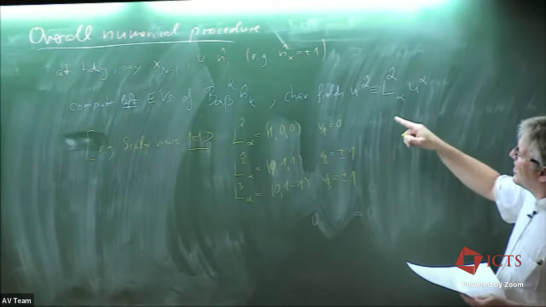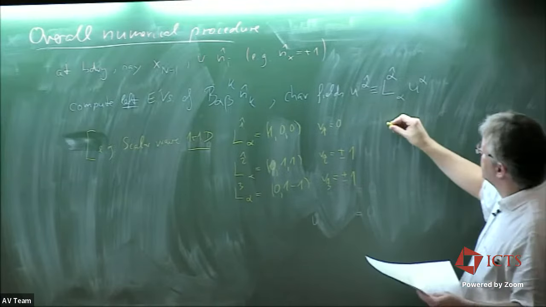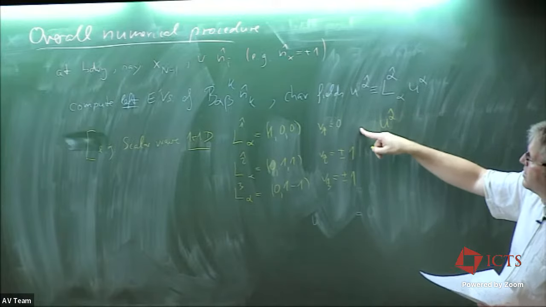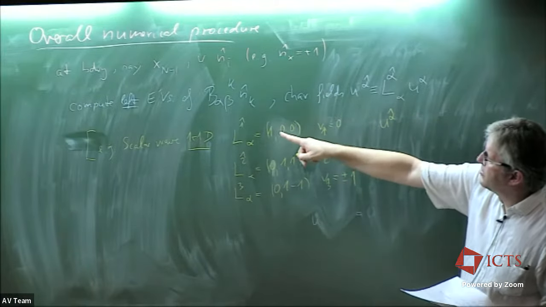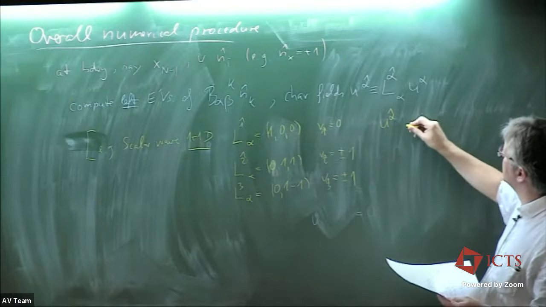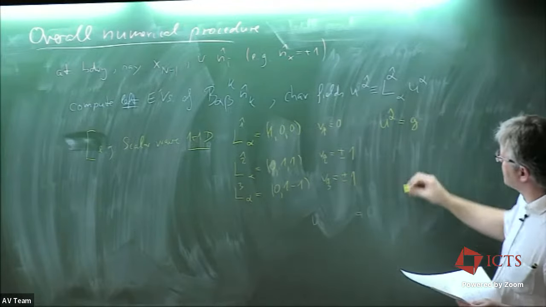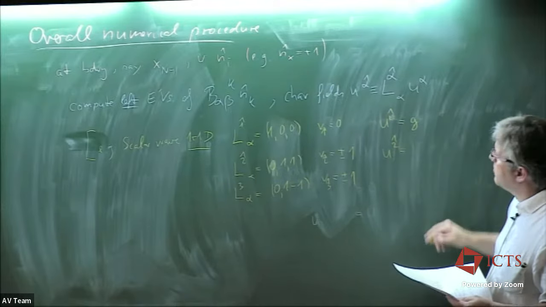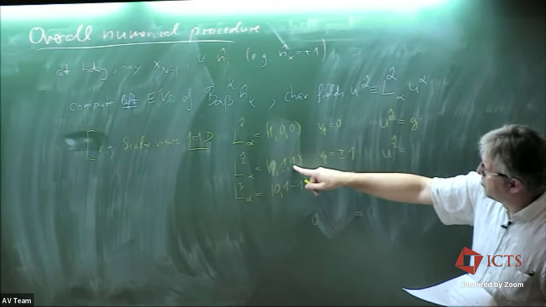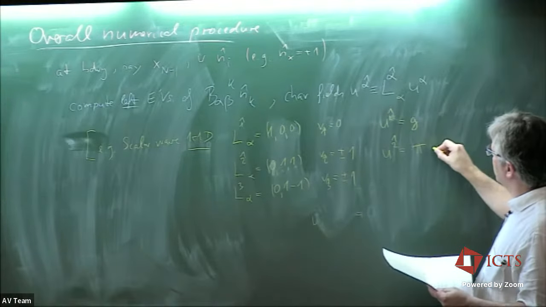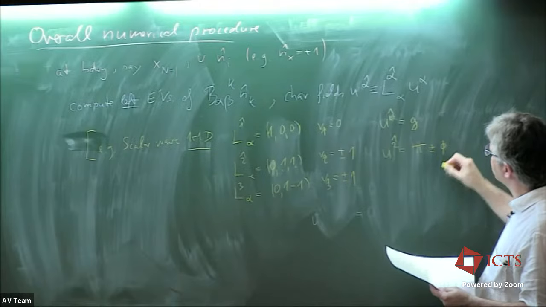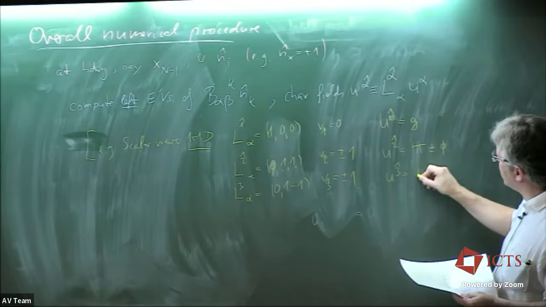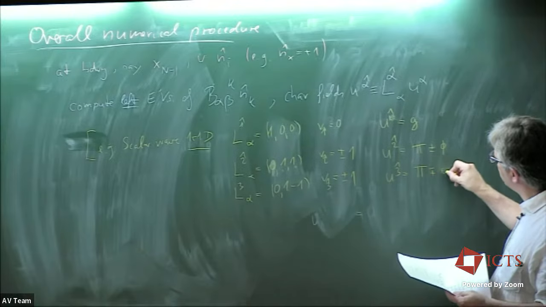And along with these now goes the characteristic fields. So U alpha hat from this one here is 1 times g, 0 times pi, 0 times phi. So this is just g. U2 would be pi plus or minus phi, once I figure out what the sign is. And U3 would be pi minus or plus phi.